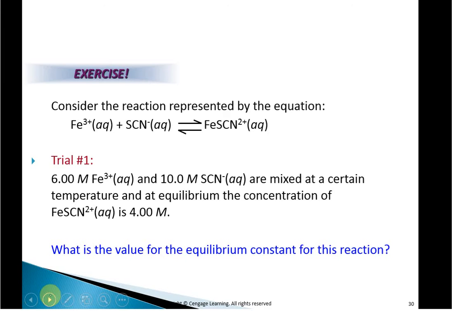Now, in lab, you guys are going to be dealing with a problem like this, where you have iron, you have thiocyanate, and you're going to make a complex. Now, what's really cool is this is kind of like a light yellowish orange, depending on the acid they use, and this is a really dark red. And so you can kind of look at a reaction, whether it's reactant-based or product-based, just by color.